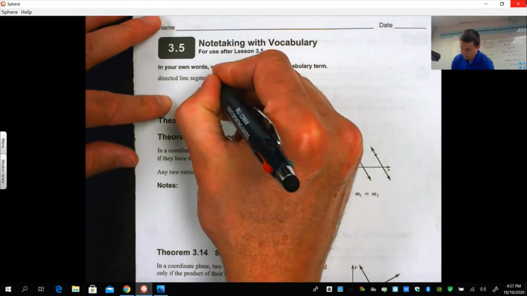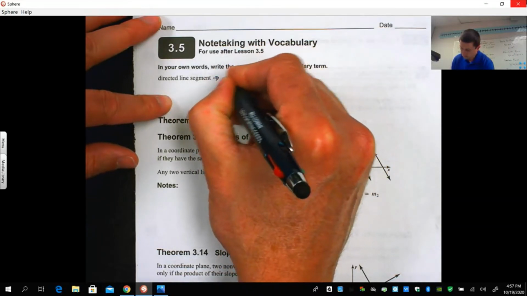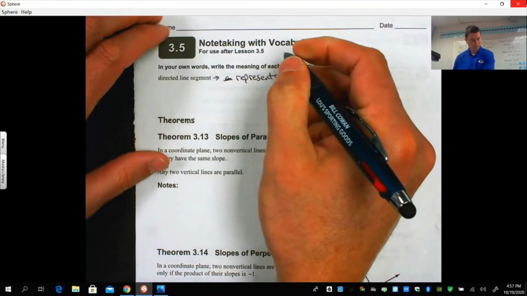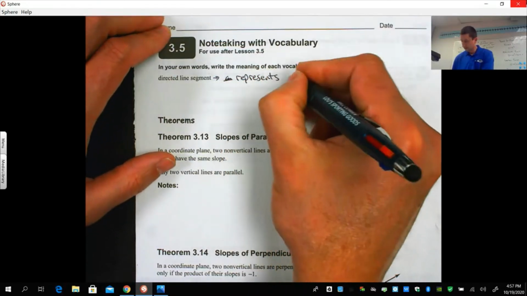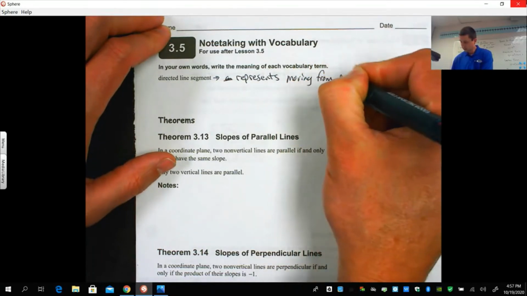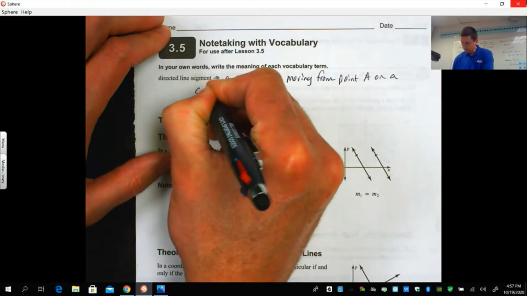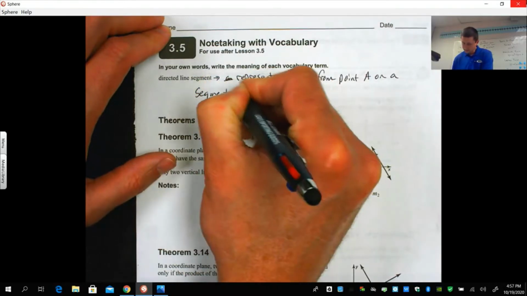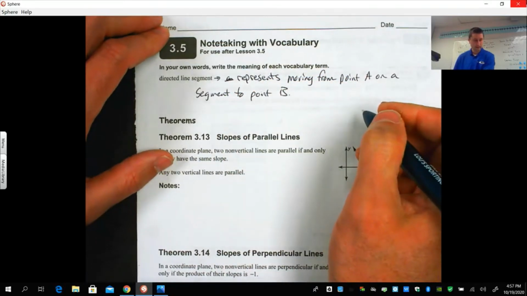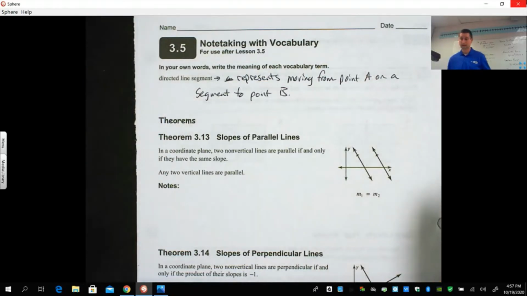A directed line segment represents moving from point A on a segment to point B. Okay, that sounds really fancy, doesn't it?